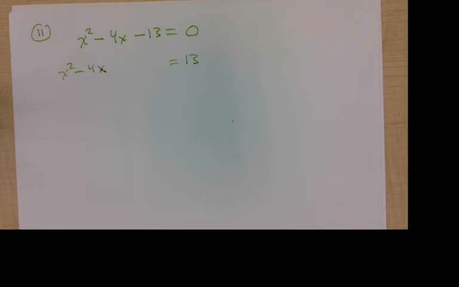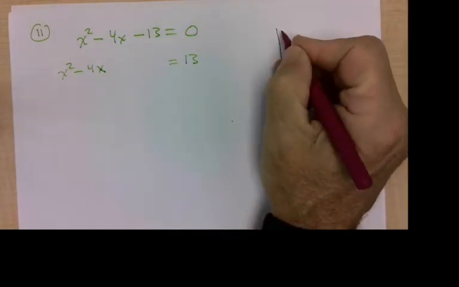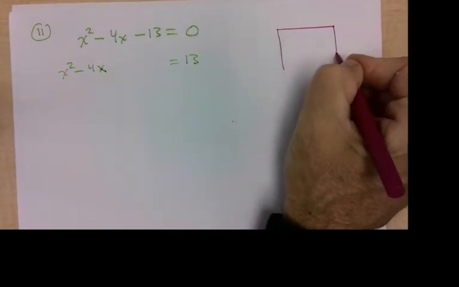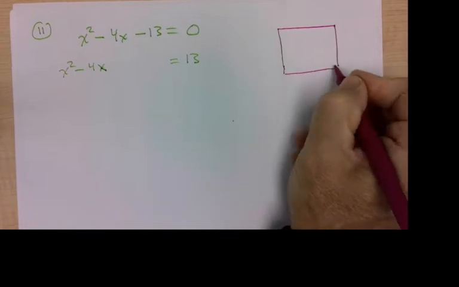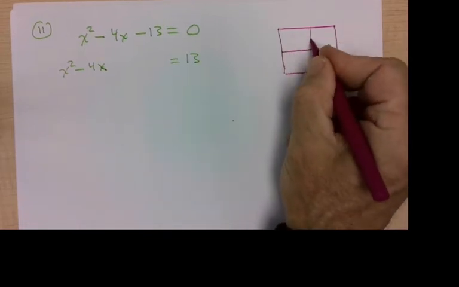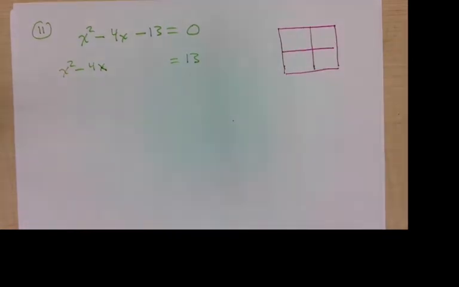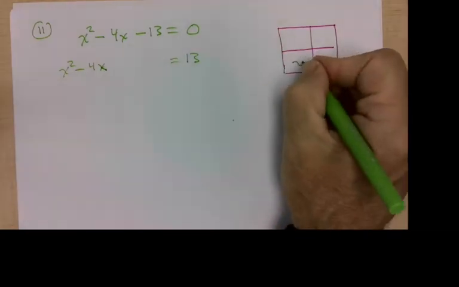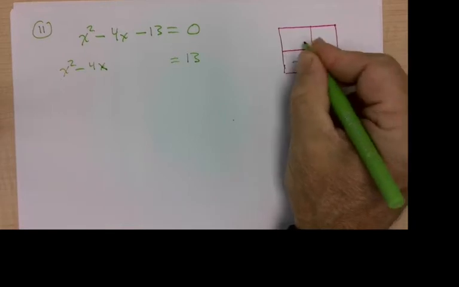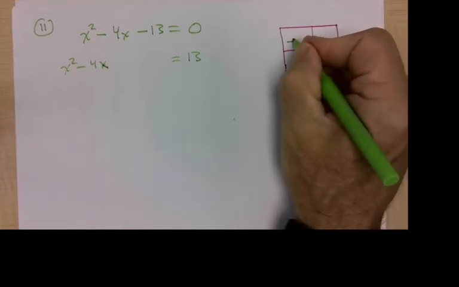Well, I draw a square so I can complete one. I have x squared minus 4x. So x squared goes here, and these two boxes have to add up to negative 4x.